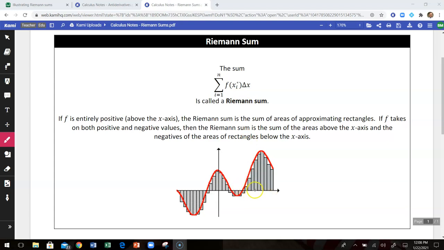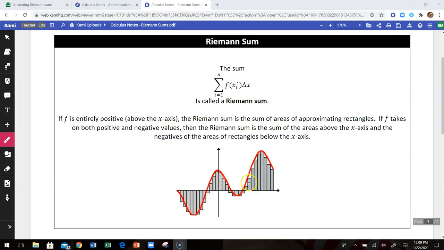The height of those rectangles is determined by whether we are doing left endpoints, right endpoints, or midpoints. What this sum shows is that we go from our first to our nth rectangle, however many that happens to be, and we take the function evaluated at x sub i. That is the height of each rectangle, times delta x, our change in x, which is the width of each rectangle.